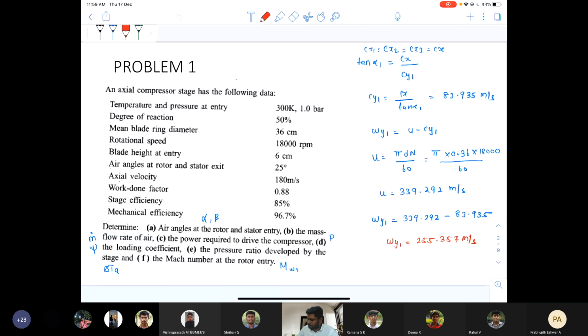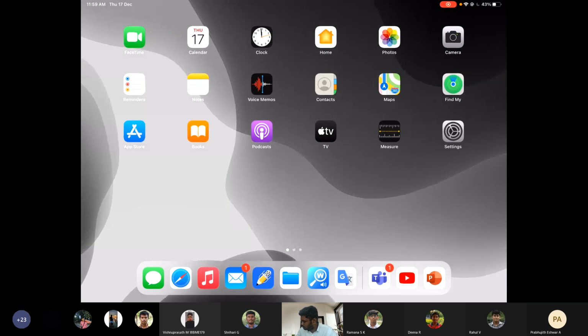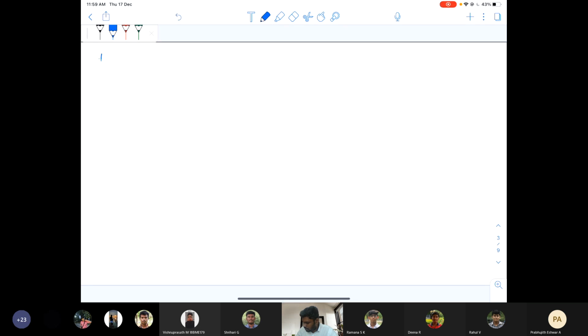Now substituting the value, tan beta 1 is equal to wy1 divided by cx.